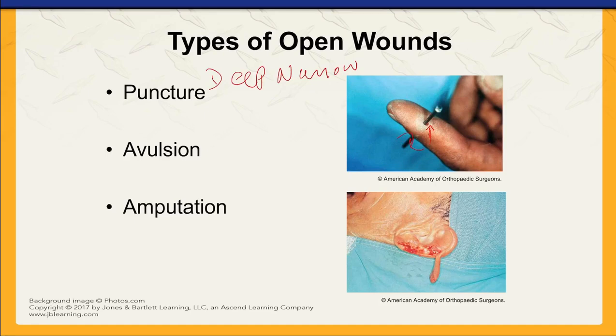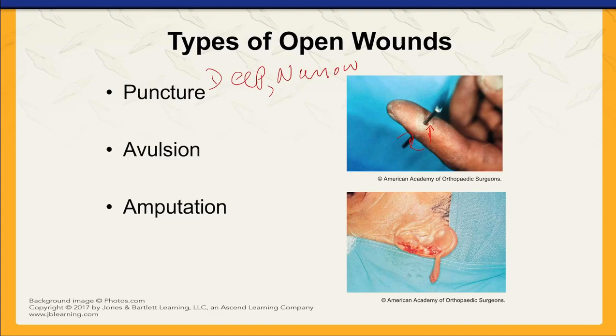So a puncture wound, again, is deep and narrow, and there's a high risk of infection for puncture wounds, especially if this nail has been contaminated, or whatever object is penetrating the body or the limb. You're opening yourself up to infection.